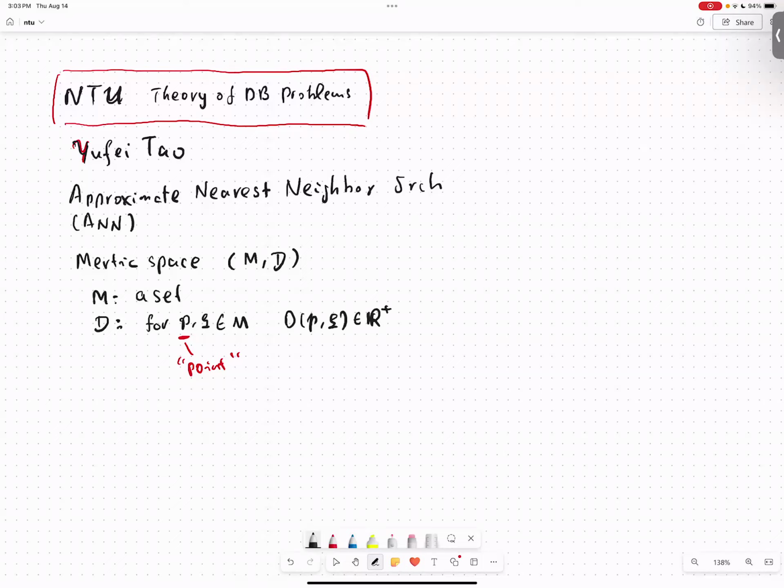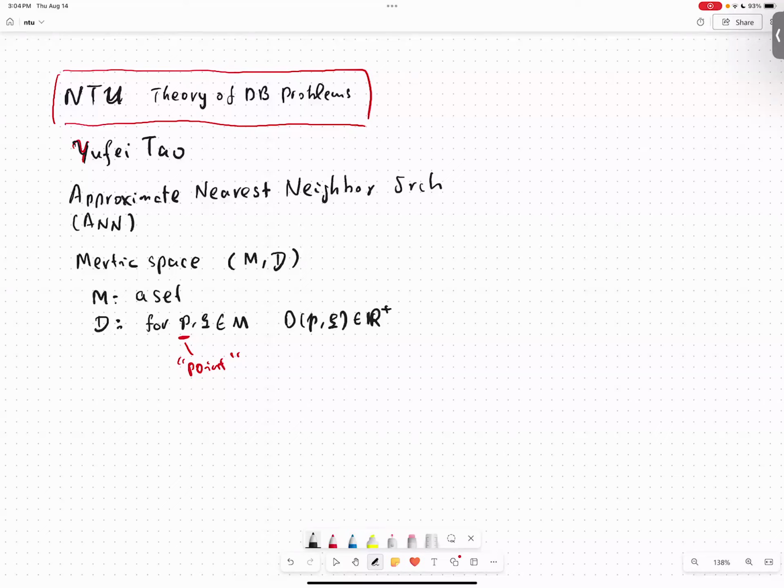Intuitively, this says how far apart these two elements P and Q are. For example, if you think about P and Q as two-dimensional points, you could define this distance metric just as the Euclidean distance, the L2 distance, or you could define it as the L1 distance, or the L infinity distance. It doesn't really matter.